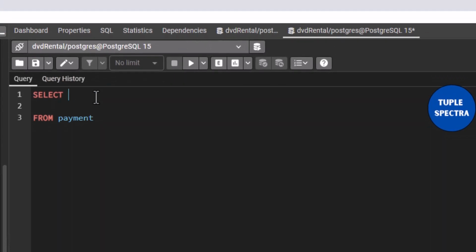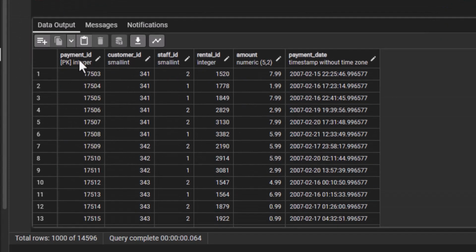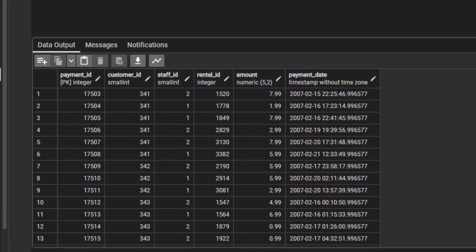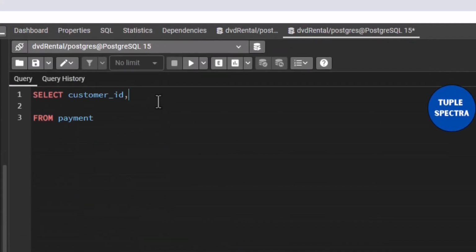What I can do right here is that I will say customer ID. And then remember, I want to get the number of payments. That means I'm going to do a count of the payment ID. And remember that I'd shown you how to use count before. Okay, I will bring this right here now.